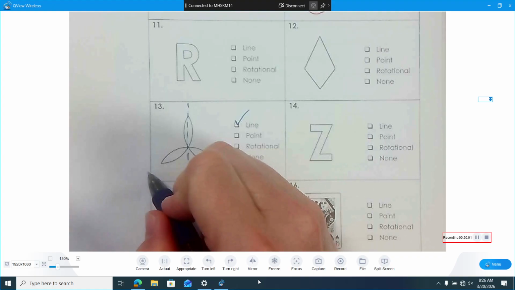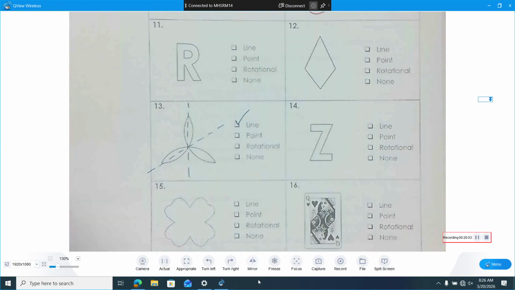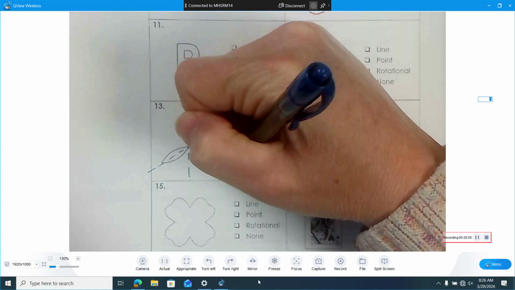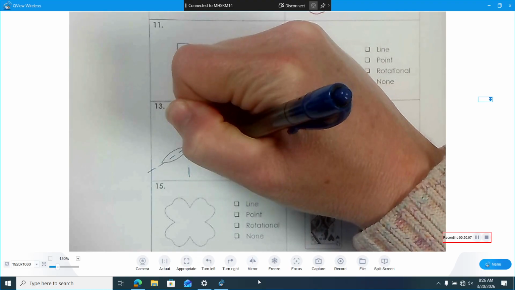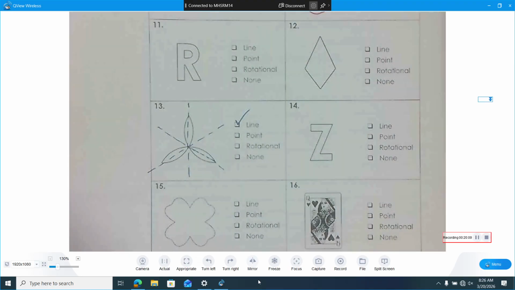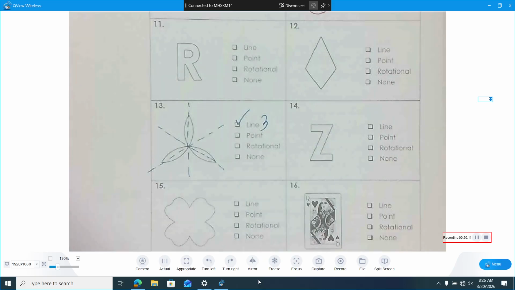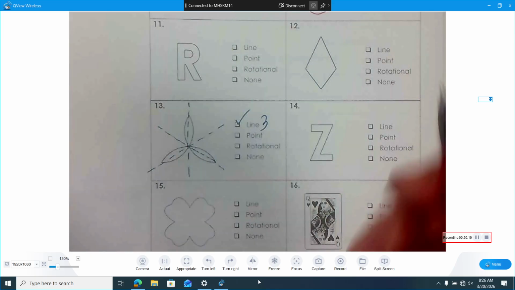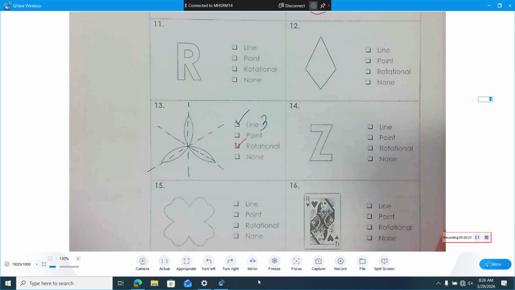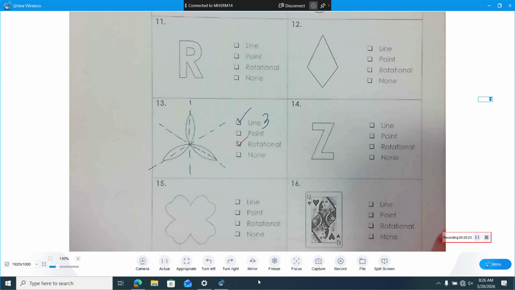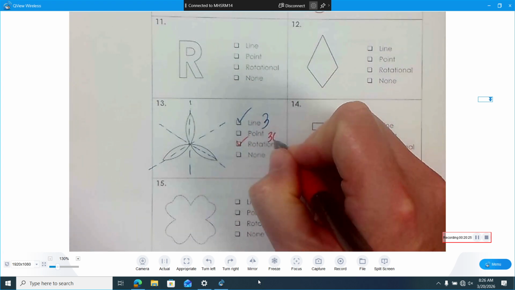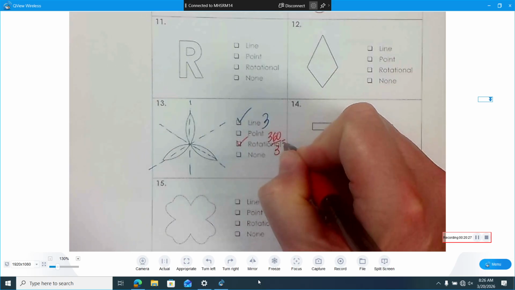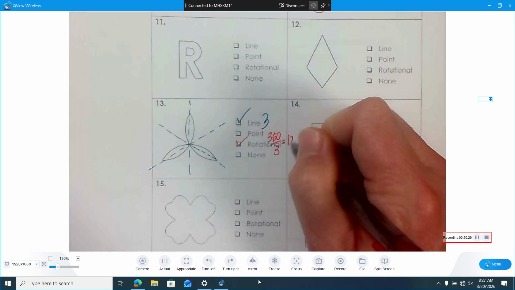And we can do that through each little petal. You can draw those lines right through the center of the petal. Those other petals would match up, and it would fold right in half on each petal. That's pretty good. And what about rotational symmetry? Yes, so how do we figure out that rotation? 360 divided by 3, very good, which is 120 degrees.